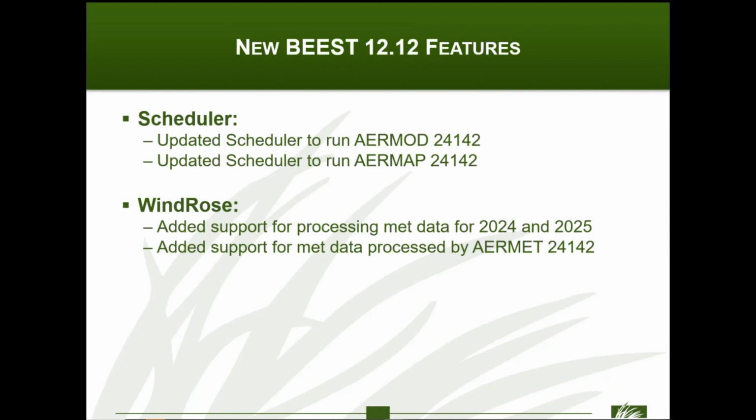And in our Windrose program, which you can access inside of Met options, we've added support for incorporating metadata for 2024 and 2025. We want to get ahead of the game, so to speak. And we've also added support for incorporating any metadata that was generated by a user with AirMet version 24142.